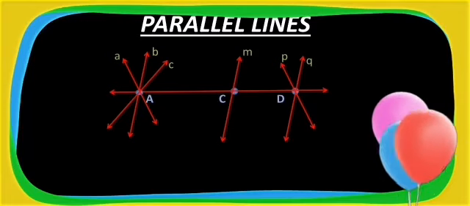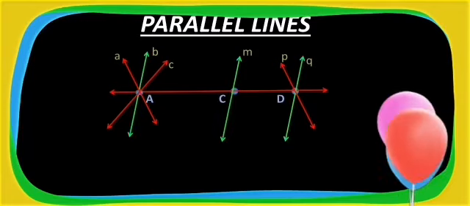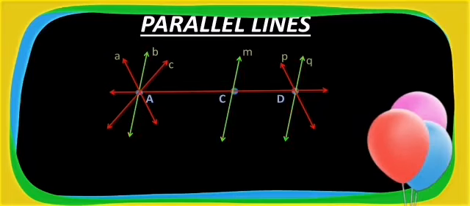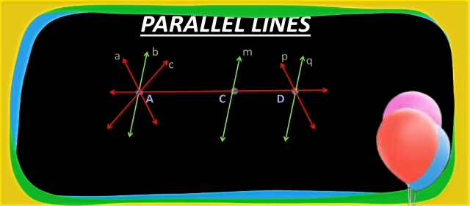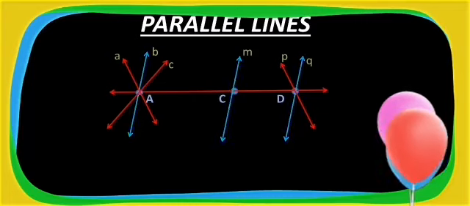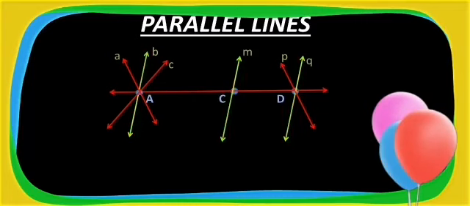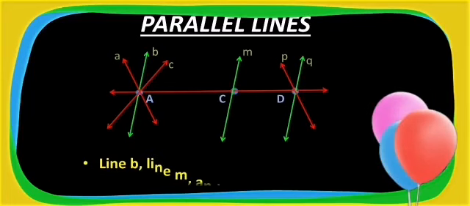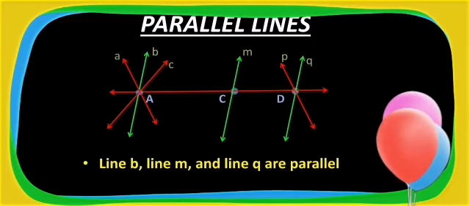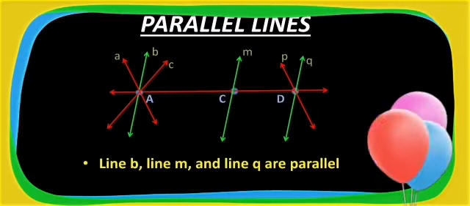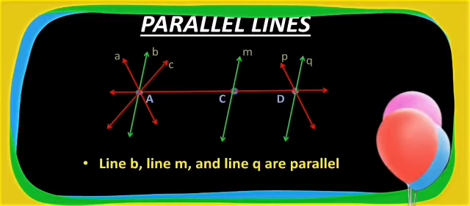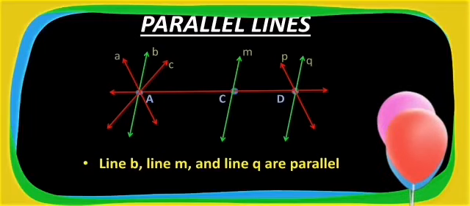Yes, see the diagram: line B, line M, and line Q. Even after extending them, if you increase the length of these lines, they will never intersect each other, and this gives them the special feature of being parallel lines. So line B, line M, and line Q are not intersecting even if we increase them, and that's why they are parallel.